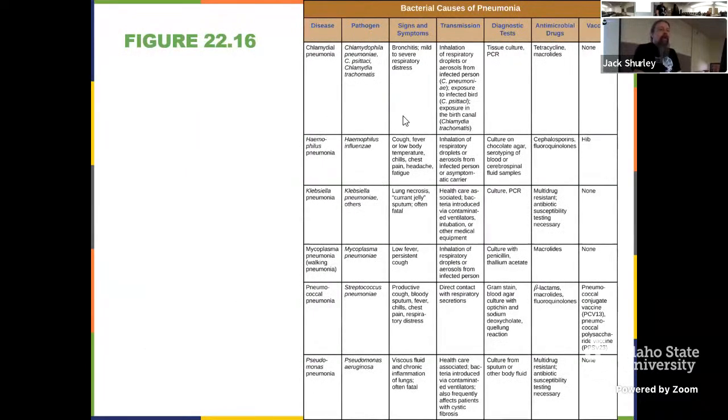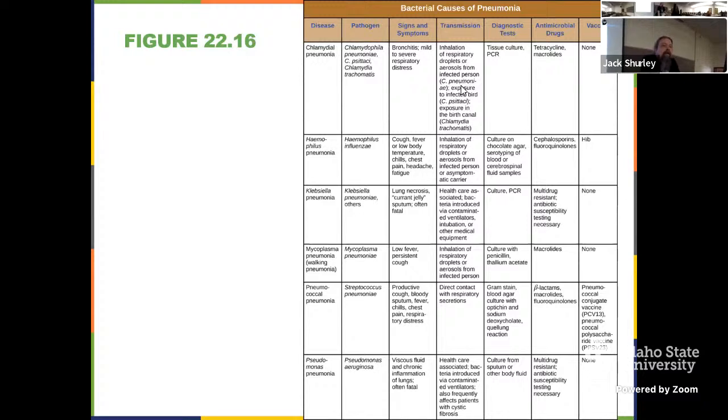Oops, excuse me, sorry, still a couple more. There's so many bacteria. Chlamydial pneumonia: Chlamydophila pneumoniae, psittaci, and trachomatis, all different species or genera up here. This is a little bit different. And it depends on some of the circumstances as far as what you might come in contact with.